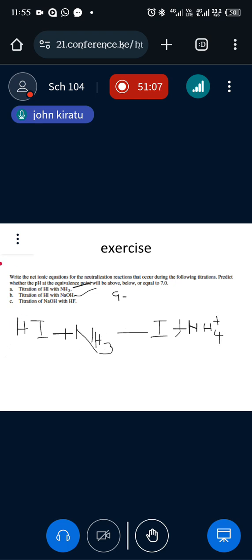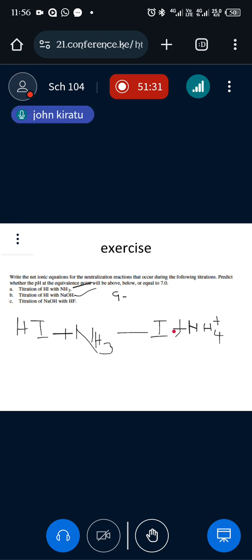The other ones: 6 people said equal to 7. You are saying why is it not equal to 7. Then one person said above 7. You have seen why it is not above 7, it is below 7. So I hope that is clear.